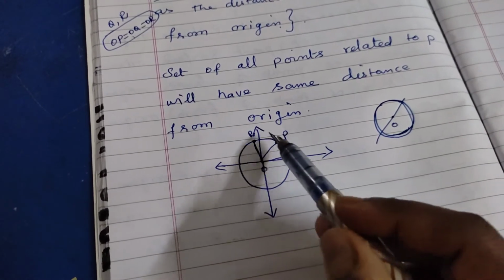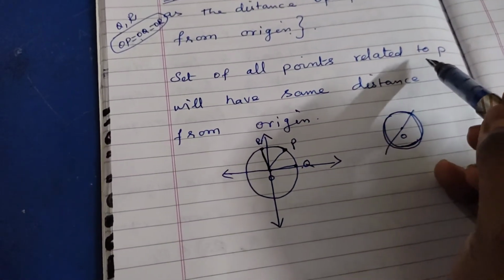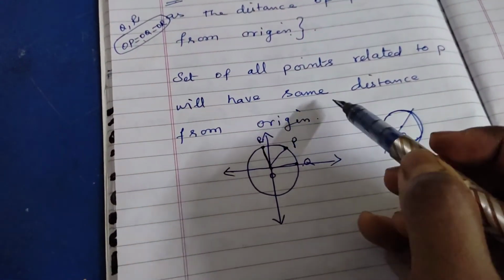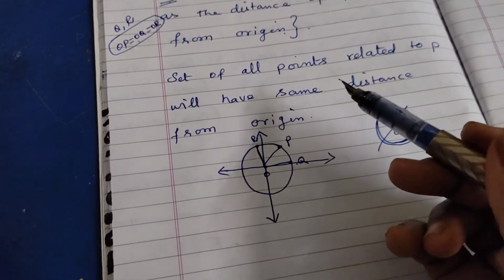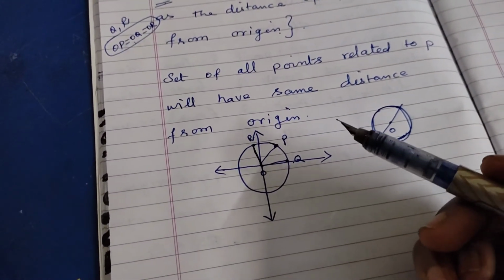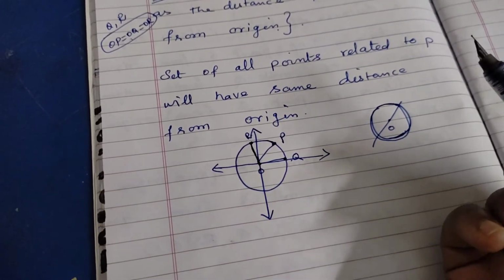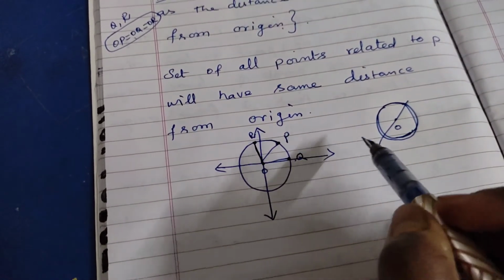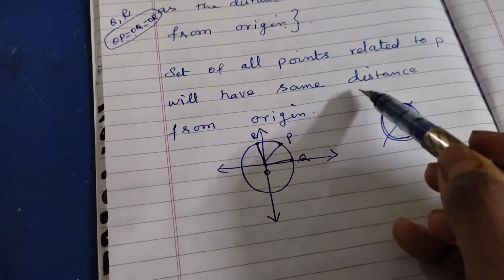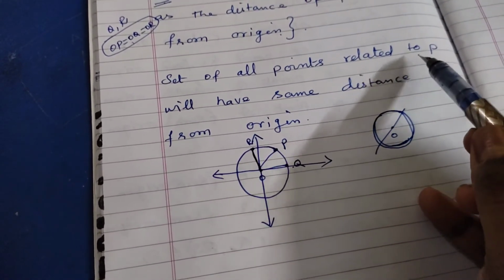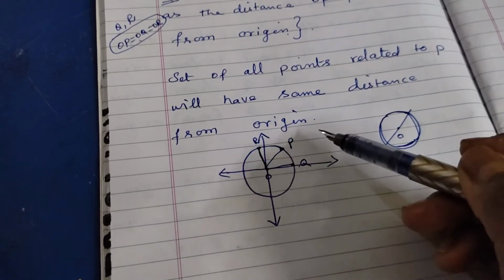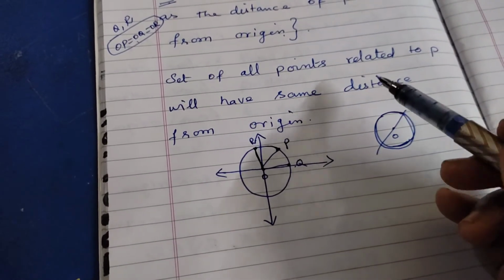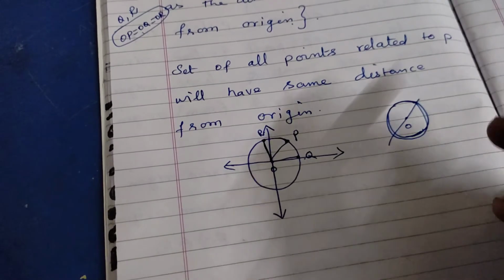Because they have the same distance from the origin, they form a circle only.